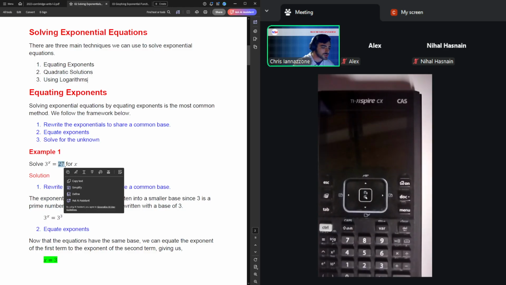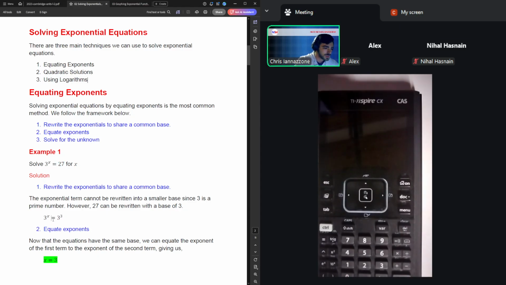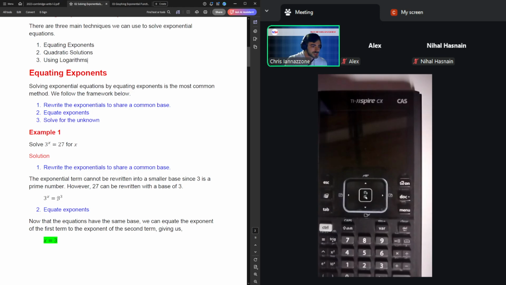What you also want to do in this case is look at the constant term that you have as well and try to rewrite that as a new base and exponent pair. So for instance, knowing that we have a base of 3 here means that you want our constant to also have a base of 3, which in this case we could rewrite 27 as 3 to the power of 3.